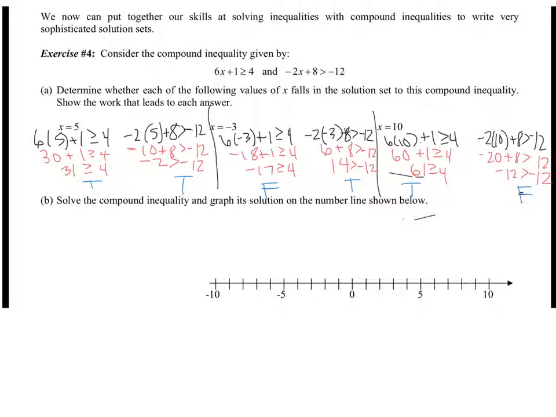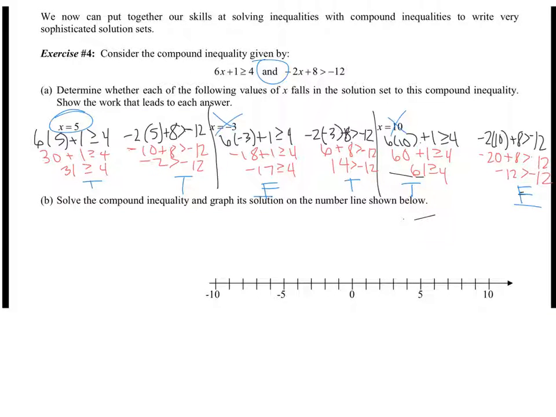You'll see that once all of them are solved, since it's an "and," both of them have to be true. So x equals 5 works, x equals -3 does not because of this false, and x equals 10 does not work because of this false.